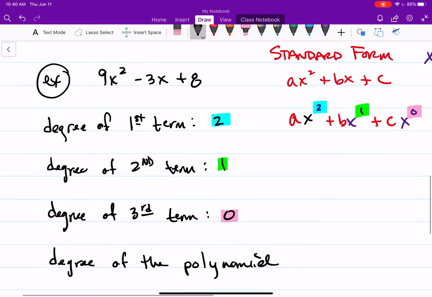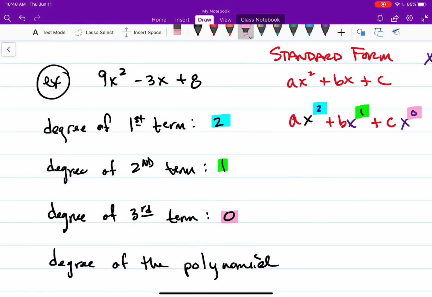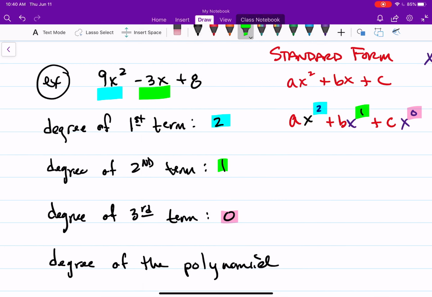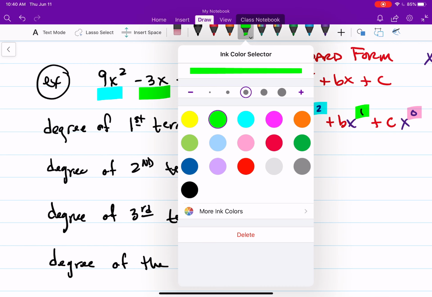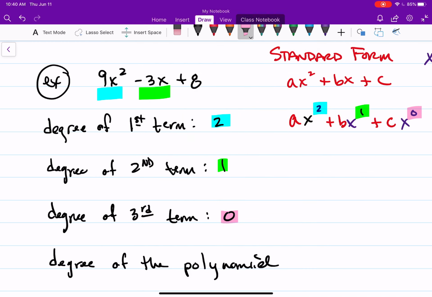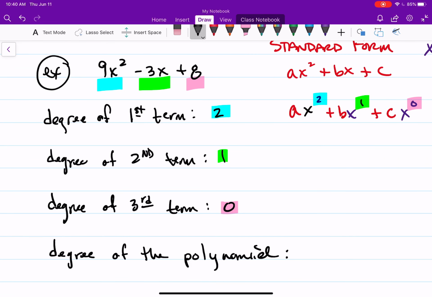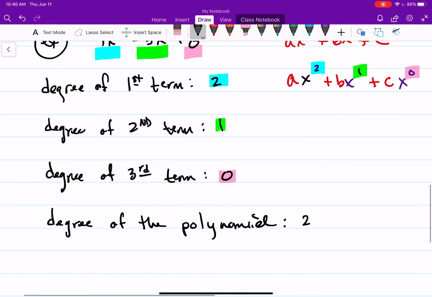Okay? So the first term would be talking about just that term right there. The second term, did I use green? Yep. That's the second term. And then the third term they're talking about is that one. Okay? Now that they're talking about polynomial, that means the whole thing. Well, the degree of the polynomial would be whatever the highest degree is. So in this case would be 2.